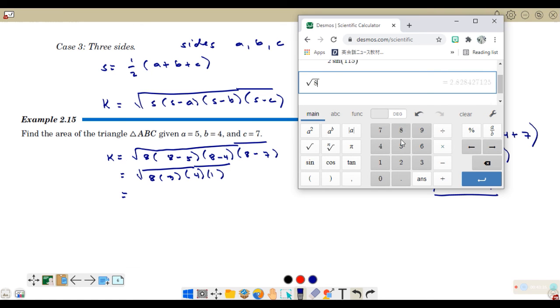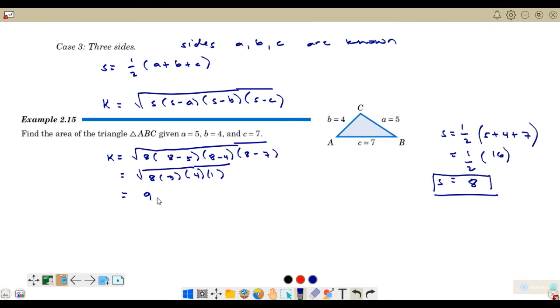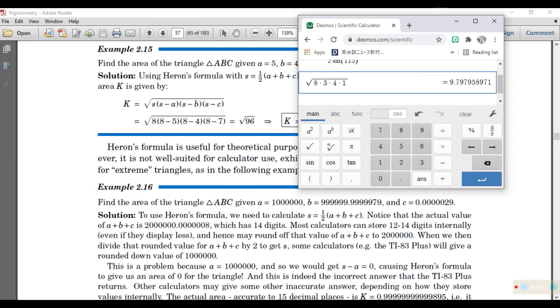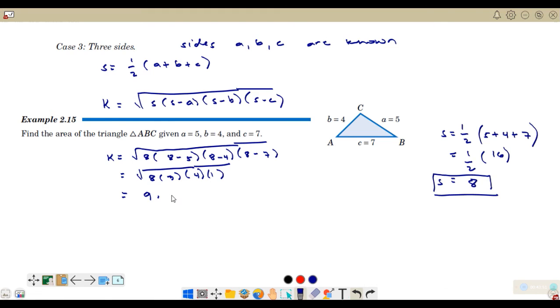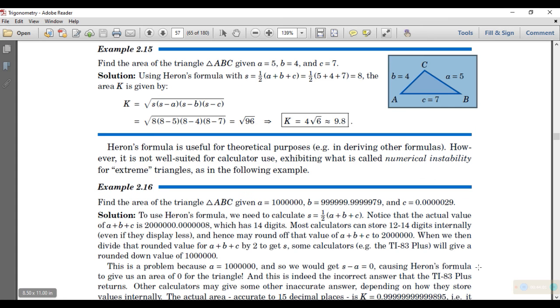Square root of 8 times 3 times 4 times 1. So, we have 9.7979. This is the approximated area of our given triangle. Okay?